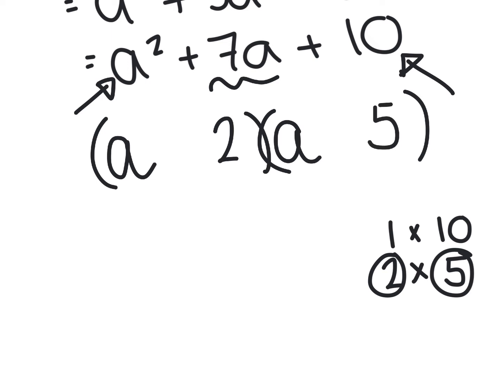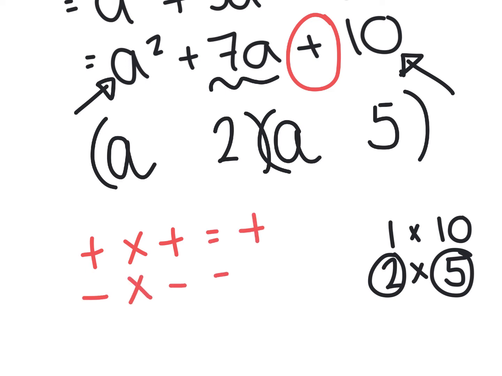Now I'm going to stop, bench it for a second and talk about signs. This sign here is probably one of the things I tell my pupils to look at straight away. Back in first year we teach you that when you multiply numbers, a positive times a positive always gives you a positive answer. We then teach you that a negative times a negative also always gives you a positive answer.